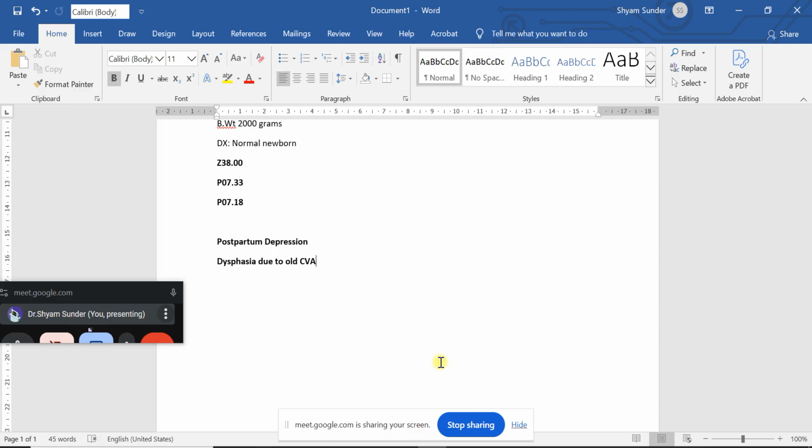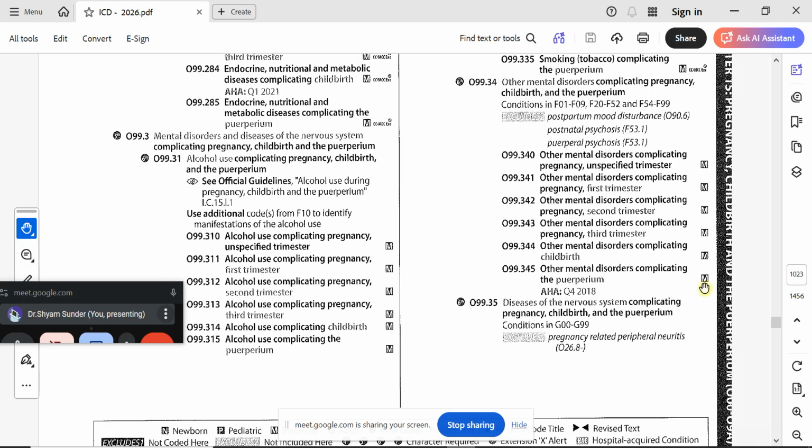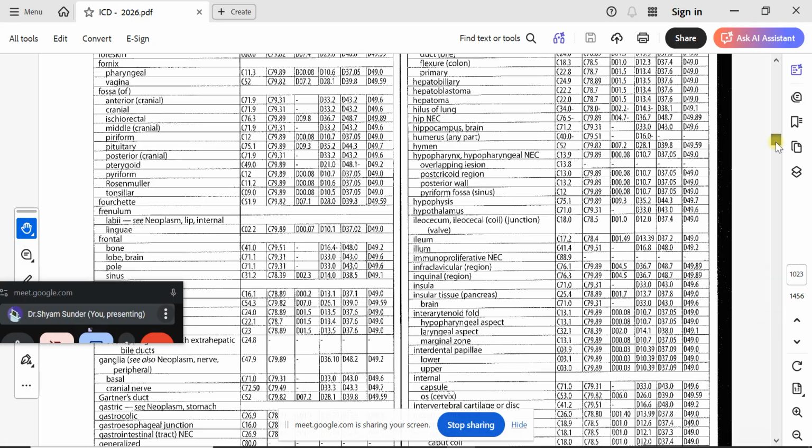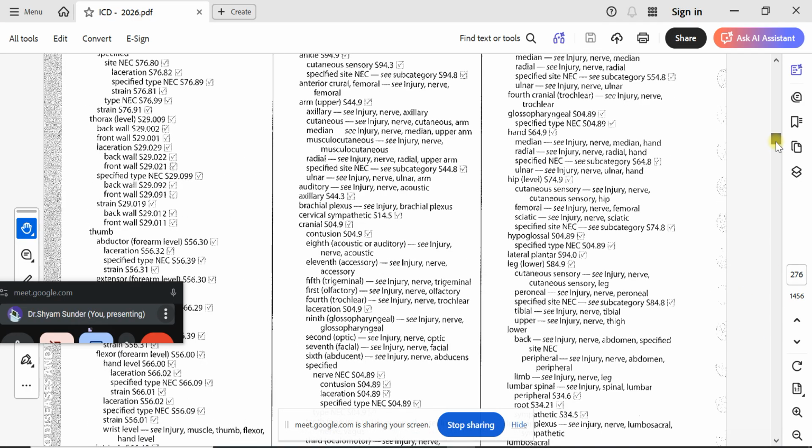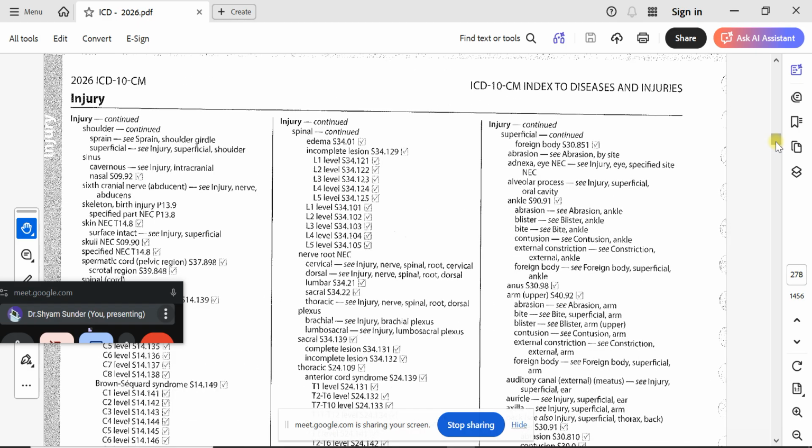Now the patient is out of the hospital, managing himself or herself at home, but the patient has dysphasia. That's the condition. So what do you call this condition? This is a sequela, right? This is a late effect, after effect, or sequela. Now your main term is sequela in the index.